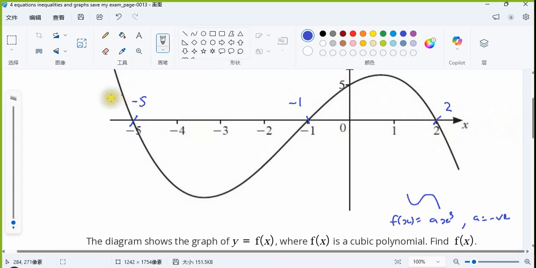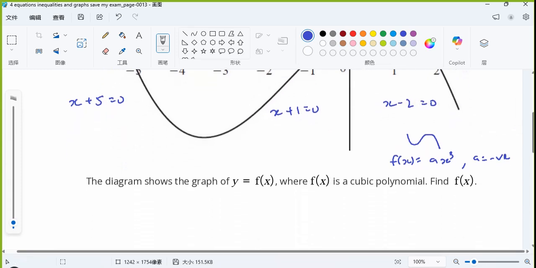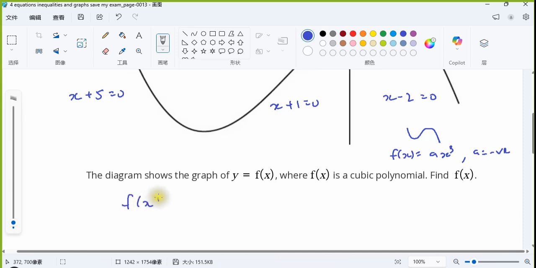So x equal to negative 5, x equal to negative 1, x equal to 2 are the roots. So we have x plus 5 equal to 0, x plus 1 equal to 0, x minus 2 equal to 0. So f(x) will be a multiplied with x plus 5, x plus 1, and x minus 2.